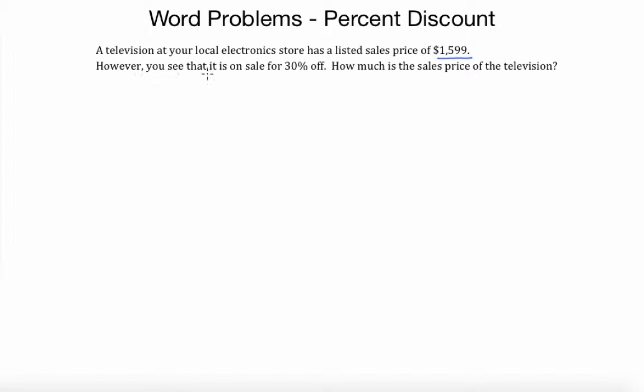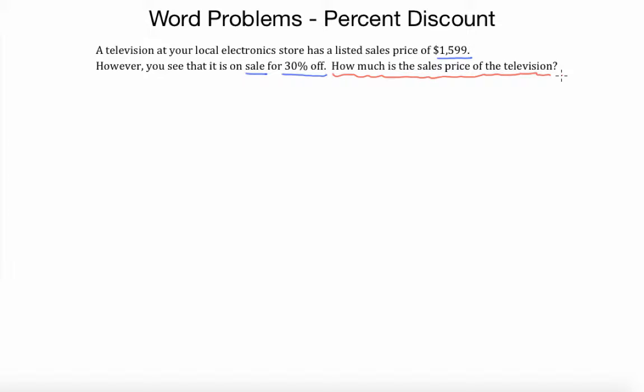However, it is on sale for 30% off, which means out of the original price of $1,599, I'm going to take 30% off of it, and once I take that off, that'll be the sales price. So our problem is, how much is the sales price of the television?